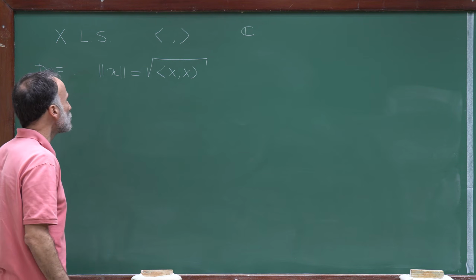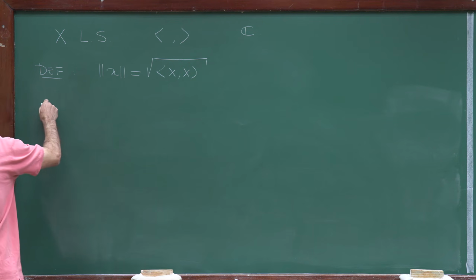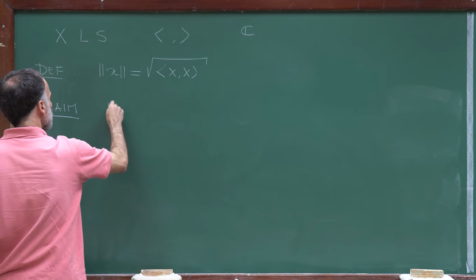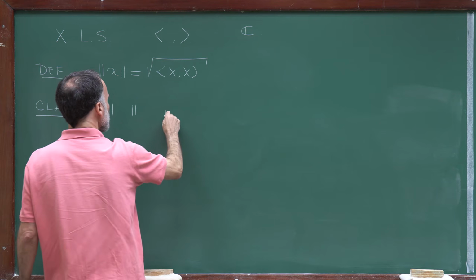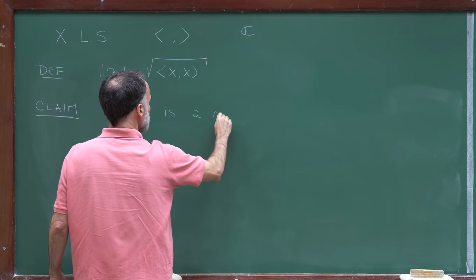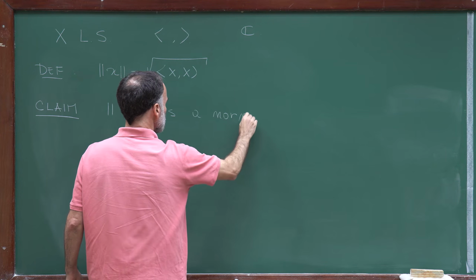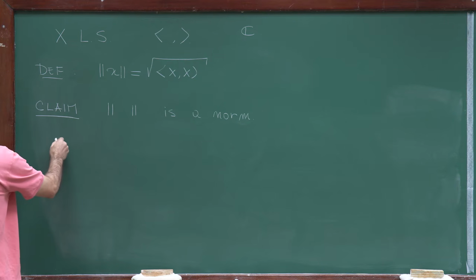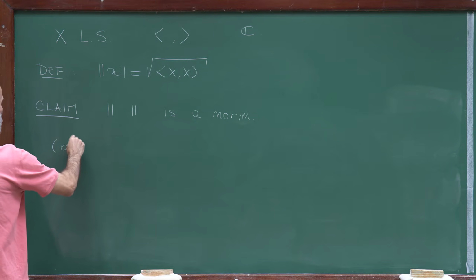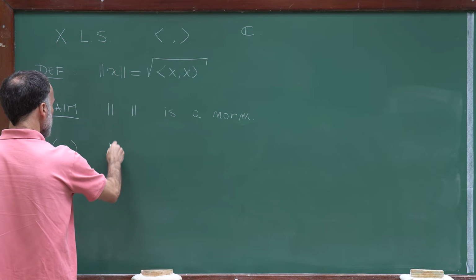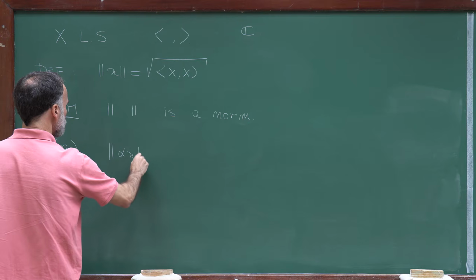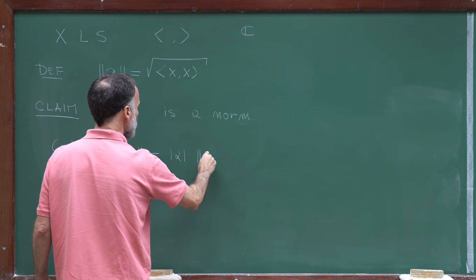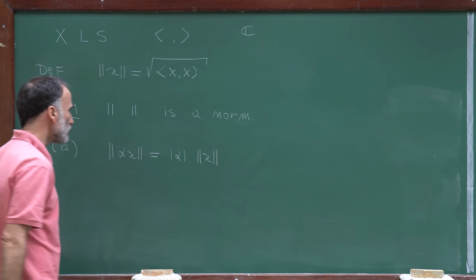You're taking its square root. And my claim is that this defines a norm. So we have to check the three properties of the norm. So remember, the first property of a norm is that the norm of αx is equal to the absolute value of α times the norm of x.